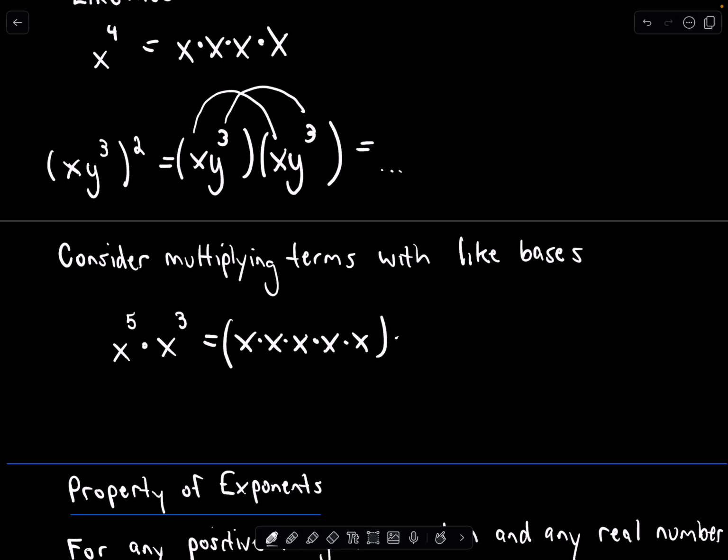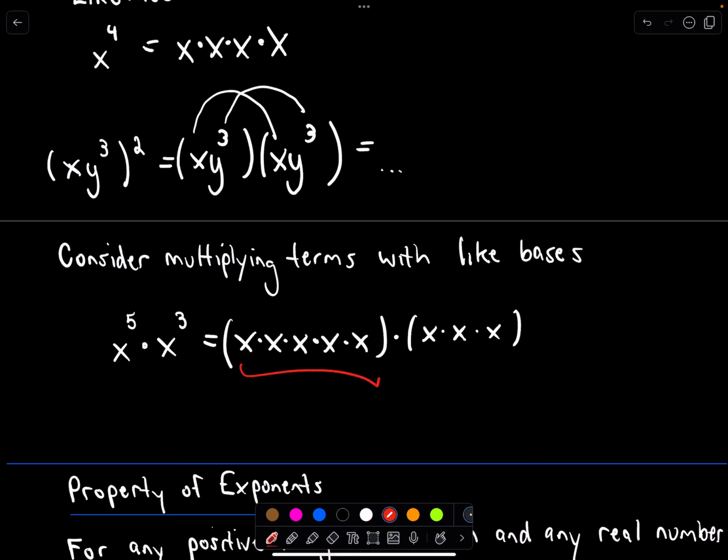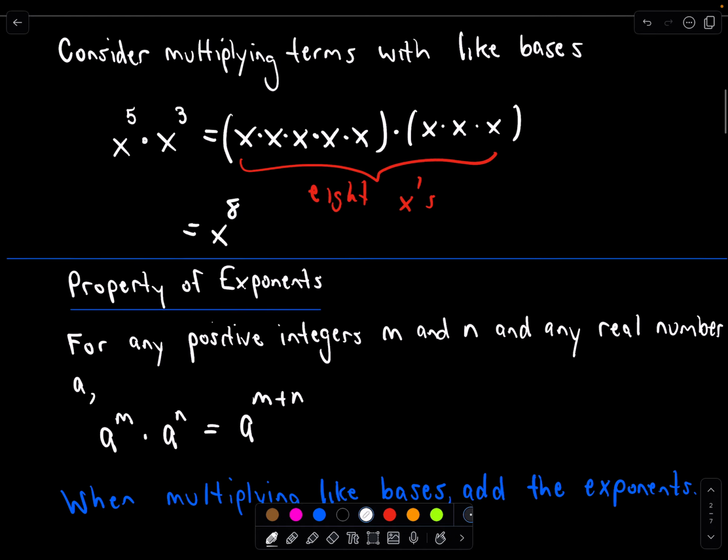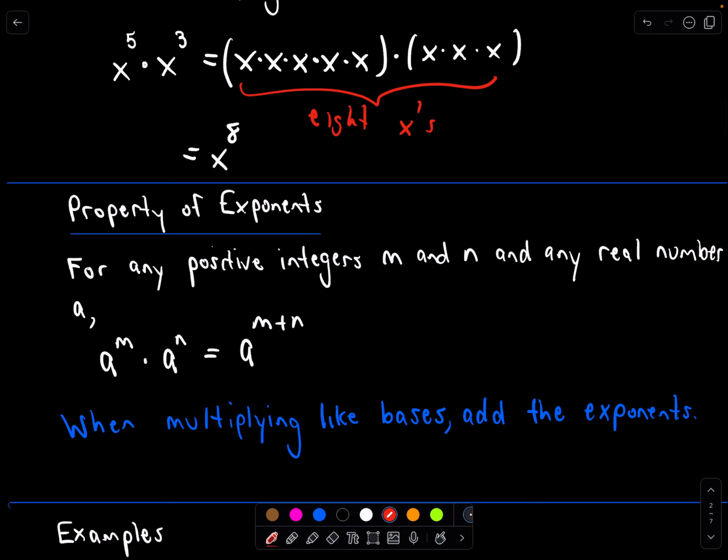And then it says we have 3 x's being multiplied by each other. So x times x times x. Well, if you were to simply count all of these x's that are being multiplied together, we have 8 x's all being multiplied together. So that simply tells me that x to the 5th times x to the 3rd is going to equal x to the 8th.